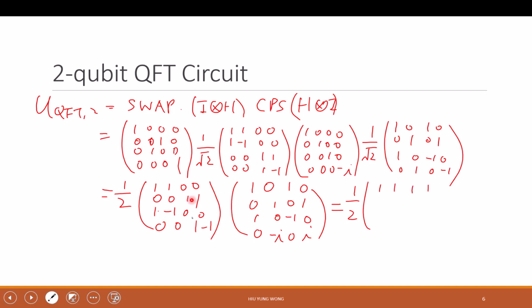For this one, what it does is just merge these two rows, but put it in the second row. So it is 1, negative I, negative 1, I, right? Then I have this.